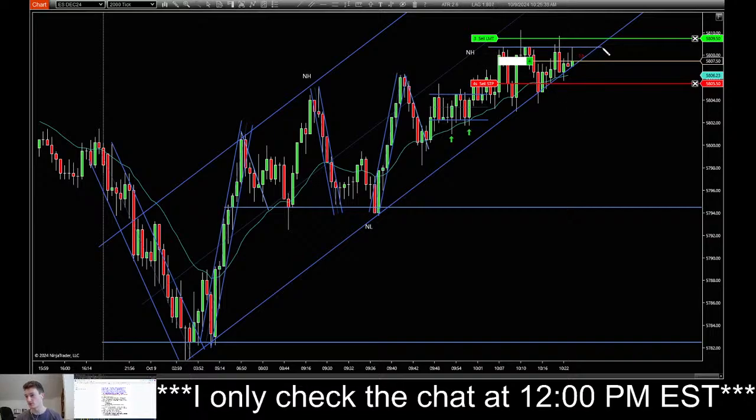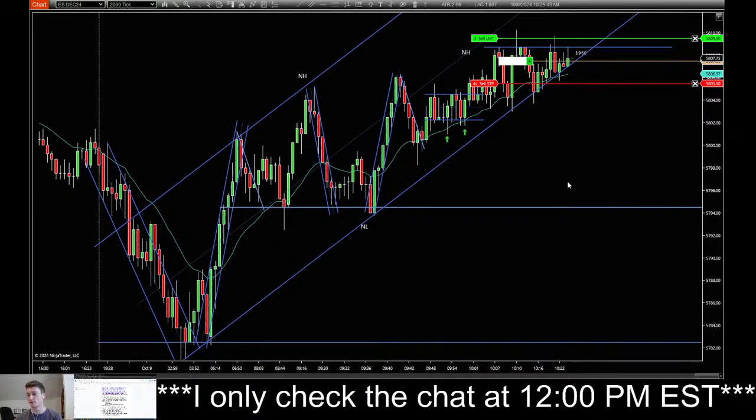This resistance might just be too much here. Looks like that's what prices are kind of bumping up into. Definitely looking wedge-like. I'd say that's a more aggressive trade for sure.